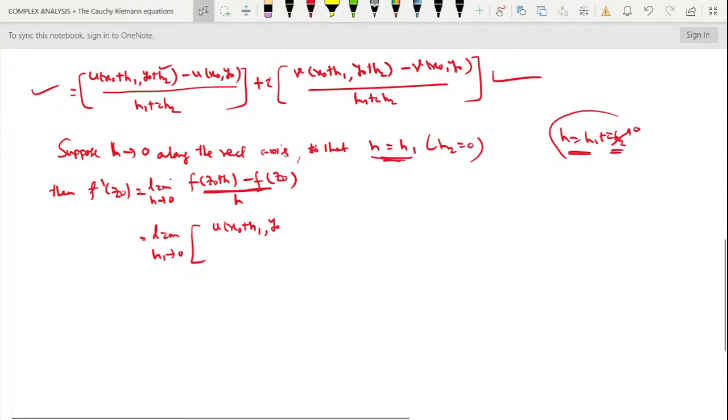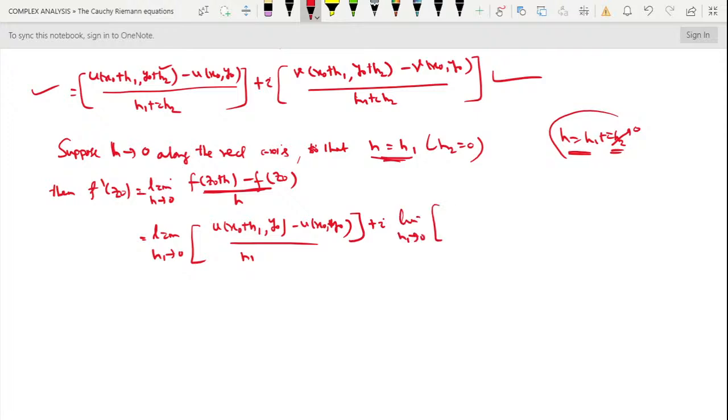So u of x0 plus h1 comma y0 minus u of x0 comma y0 divided by h1, plus i times, again the limit as h1 tends to 0 of this one. What is that? This is v of x0 plus h1 comma y0 minus v of x0 y0 divided by h1.